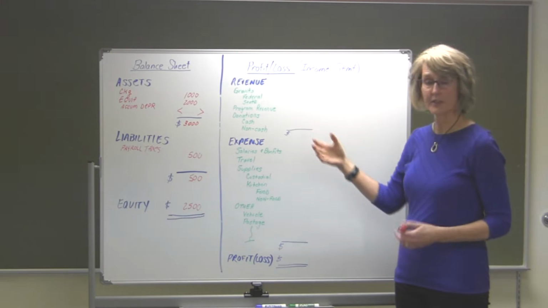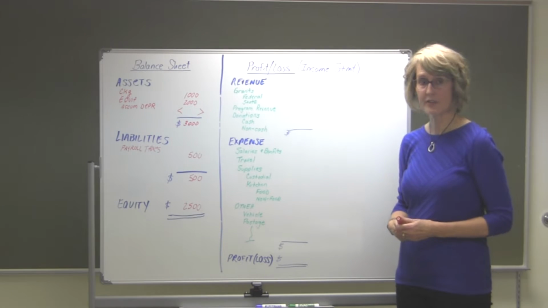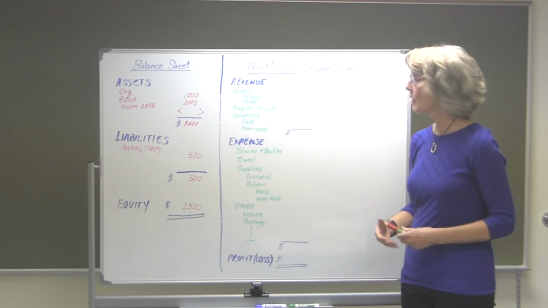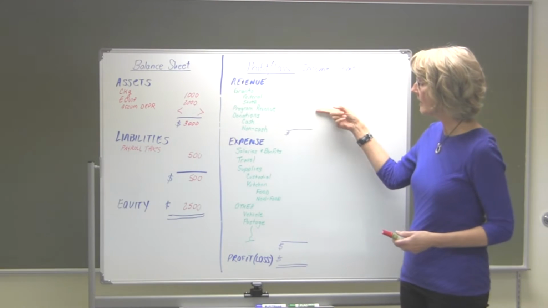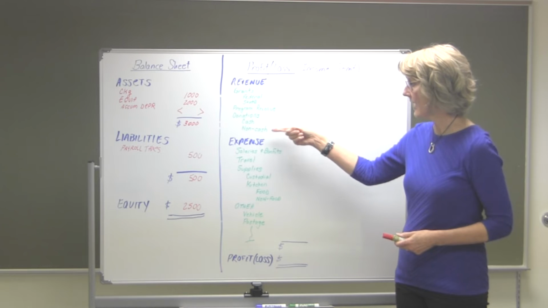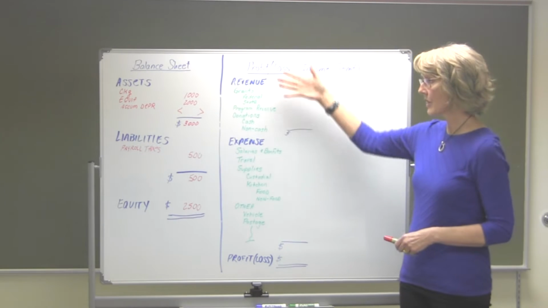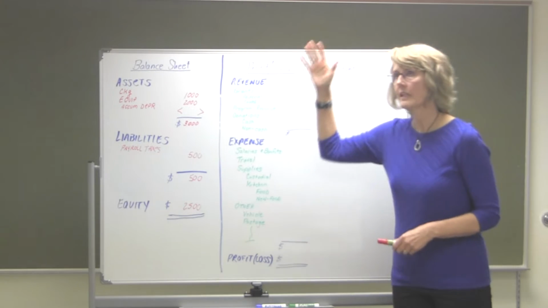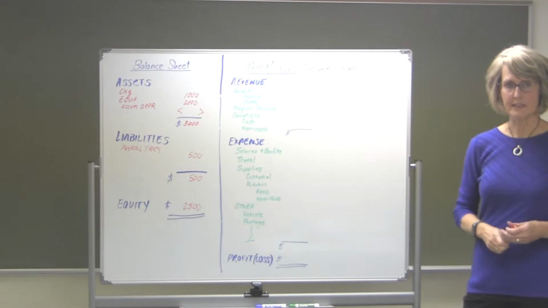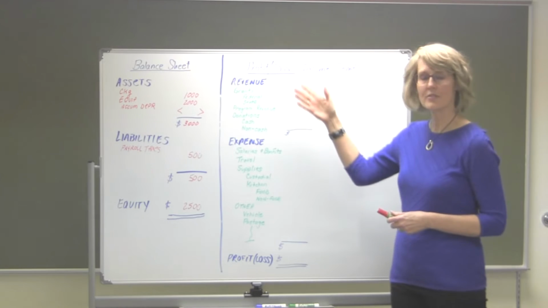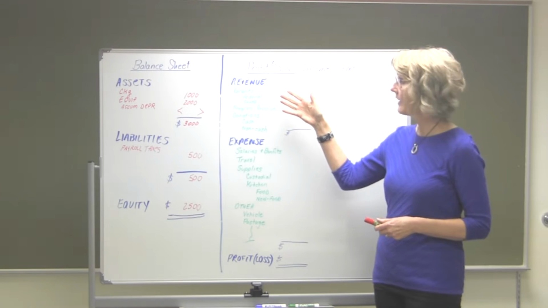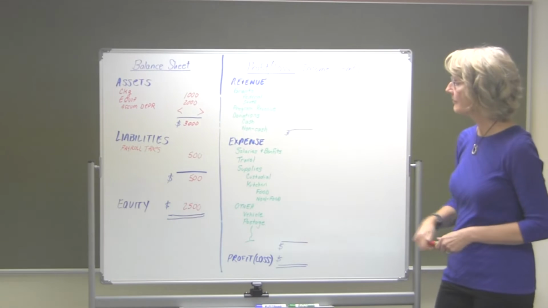Your program revenue, you could also have sub-accounts under there too for your various programs. I didn't state any right here. Donations, cash and non-cash, or in kind. You can separate those. So you can see that you could have 20 or 30 very easily accounts for you to categorize your revenue sources too.